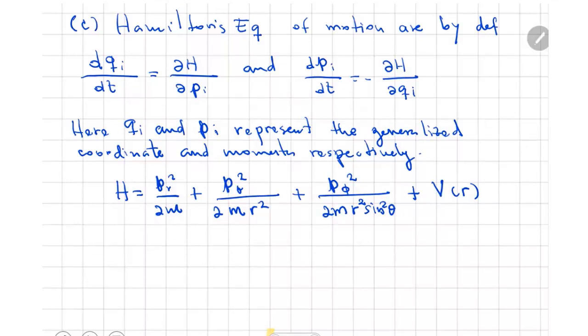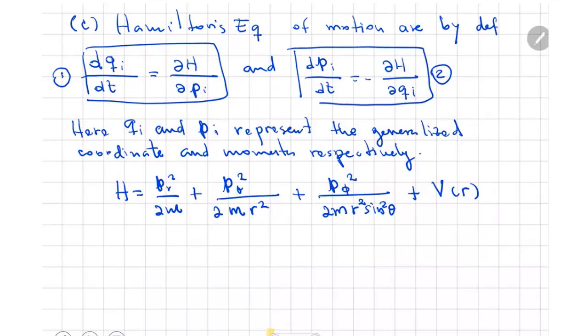Okay, guys? So, in order to find the Hamilton's equations of motion, we are going to start using these equations. We can enumerate these equations as 1 and 2, and the Hamiltonian as 3.